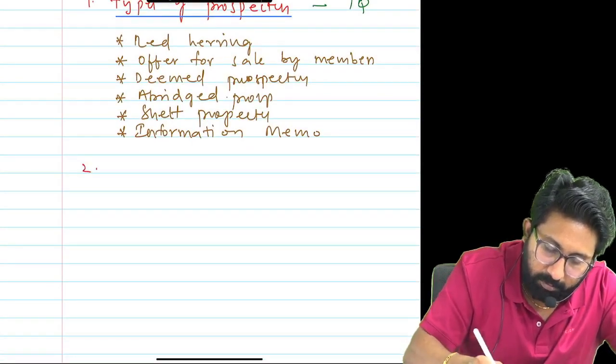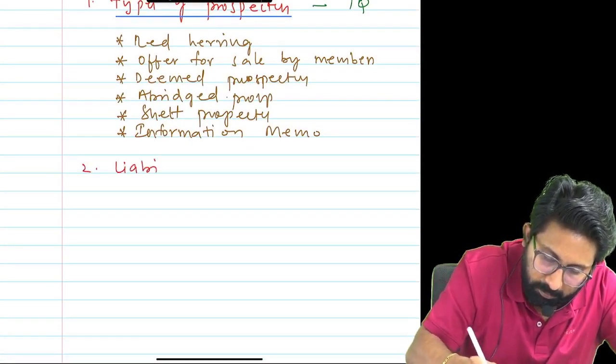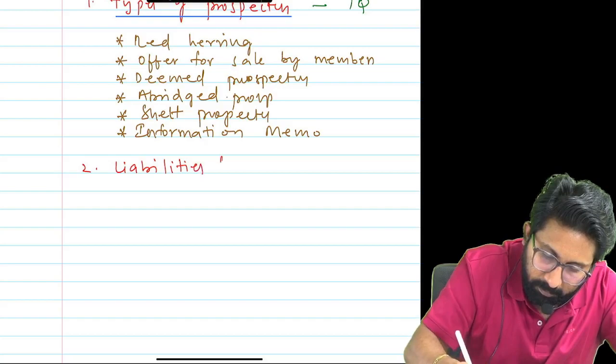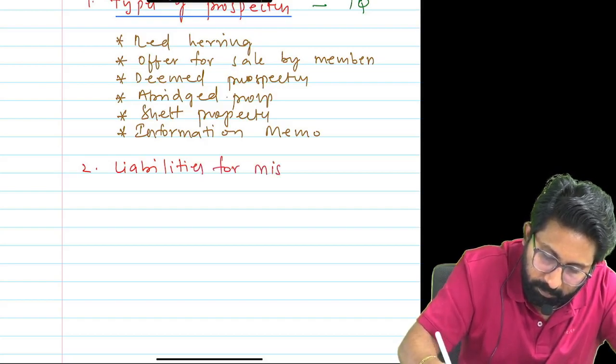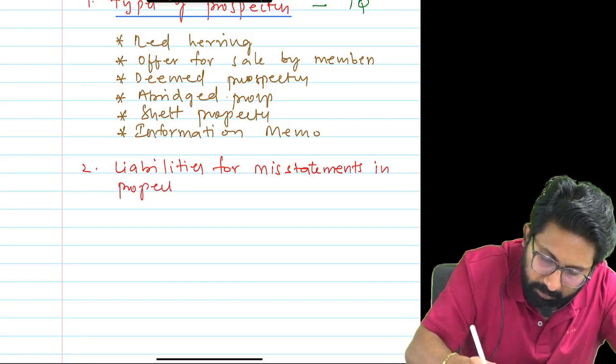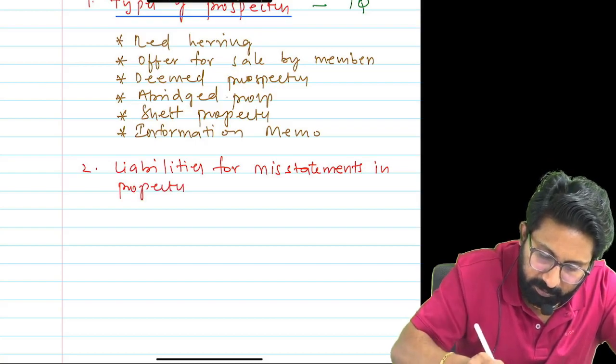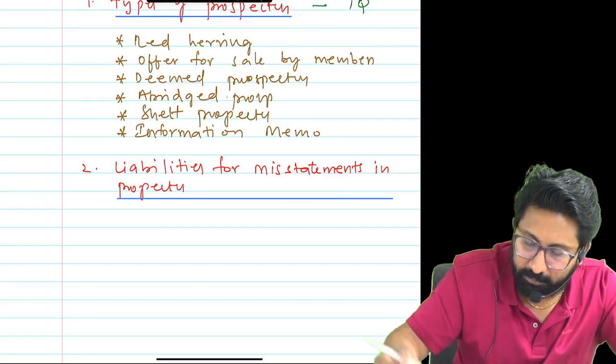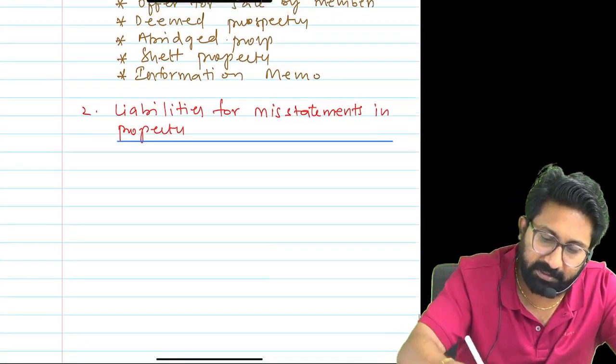Number 2, liabilities for misstatements in prospectus. In this also we are going to cover some sections.